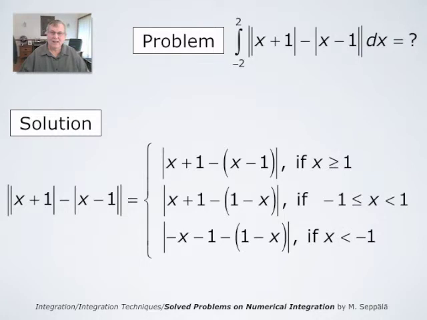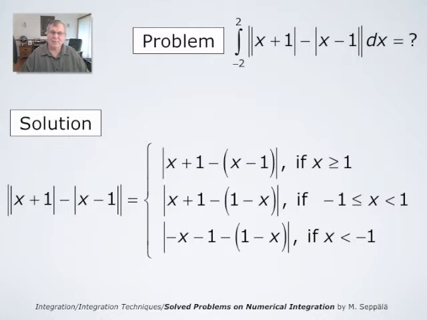So we get that the absolute value of x plus 1 minus the absolute value of x minus 1 is, first of all, if x is greater than or equal to 1, then it is x plus 1 minus x minus 1, which simplifies to 2.